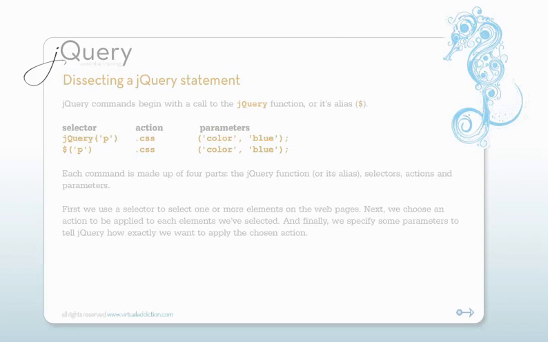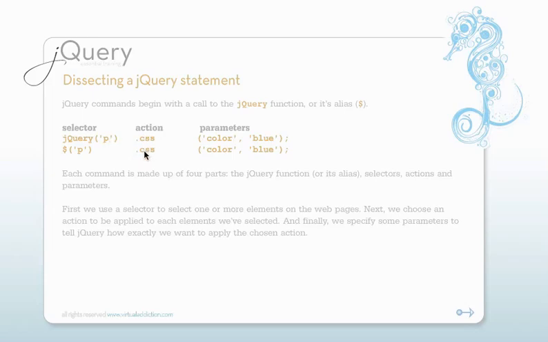So each command is made up of these following parts. The overall part is the jQuery function or its alias. So that's this part right here, jQuery or the $. And then we're going to use a selector to select one or more elements on the web page. So in this example, we're choosing the paragraph tags.